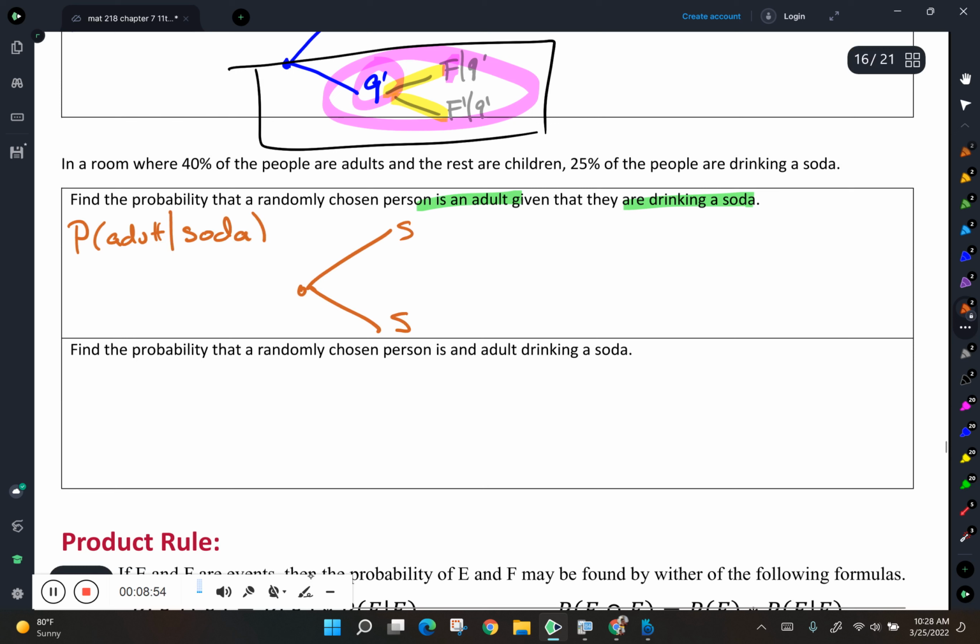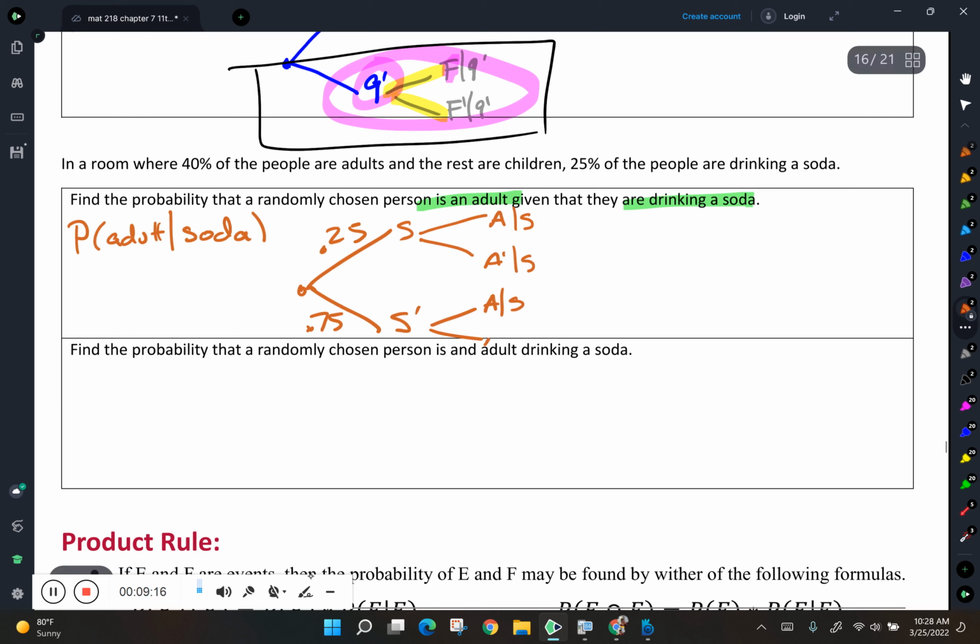Soda, not soda: 0.25, 0.75. Adult given soda, not adult given soda. Adult given not soda. What's that going to be down there?